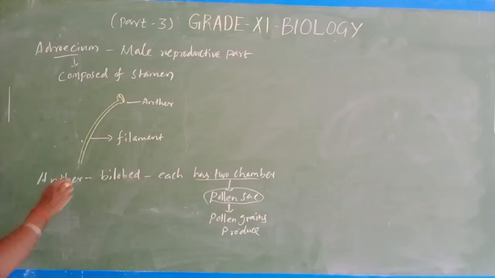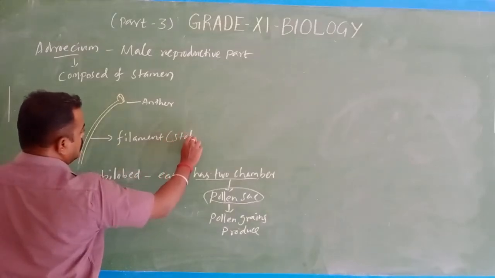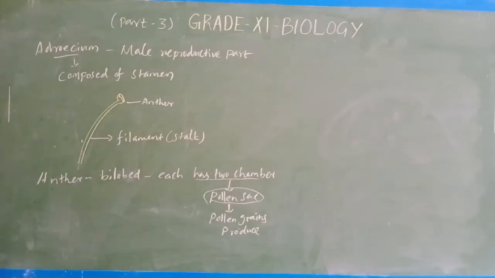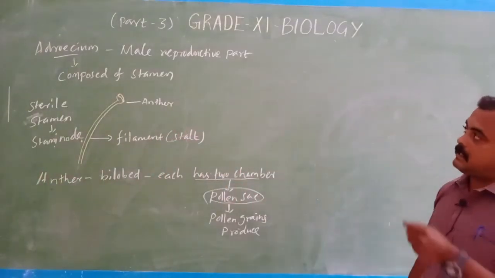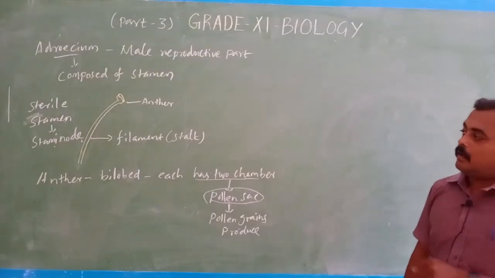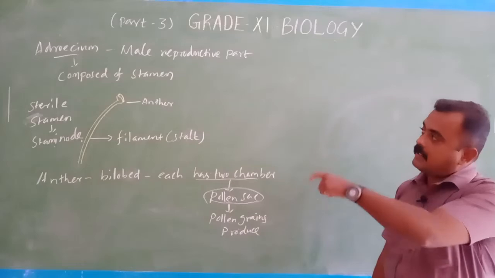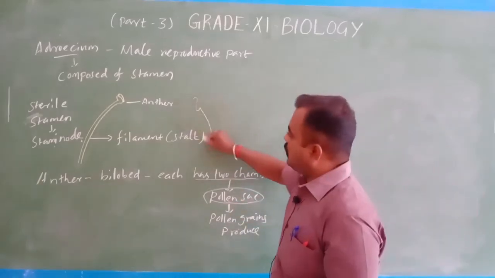Here the filament is known as the stalk. On the filament, the anther is present. Sometimes a sterile stamen is also present; that is called a staminode. The anther and filament together are called the stamen.